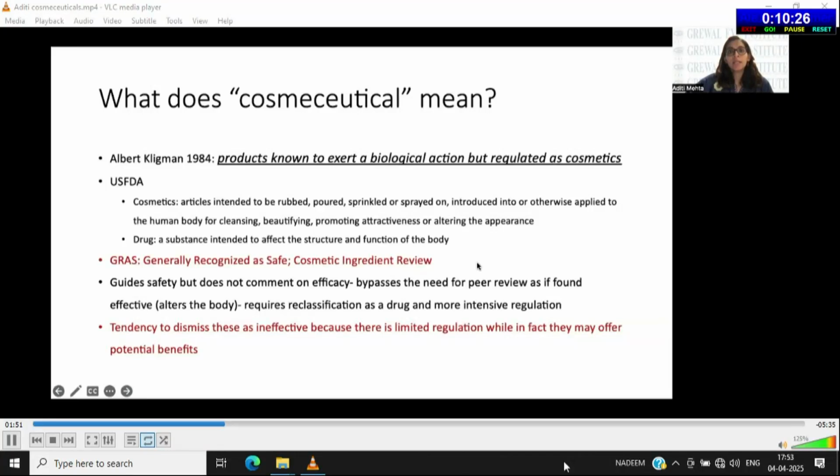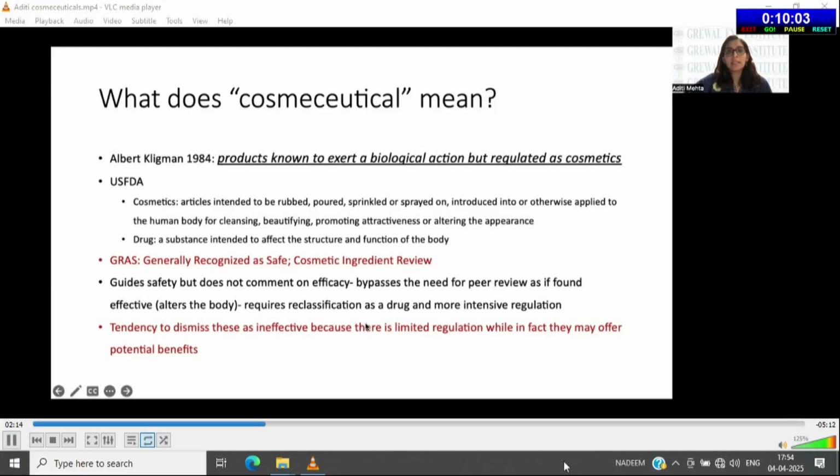So what exactly does the term mean? It was introduced by Albert Kligman in 1984. Cosmeceutical actually means products which are known to exert a biological action but are regulated as cosmetics. So the regulation for these is not as rigid as for pharmaceutical products.